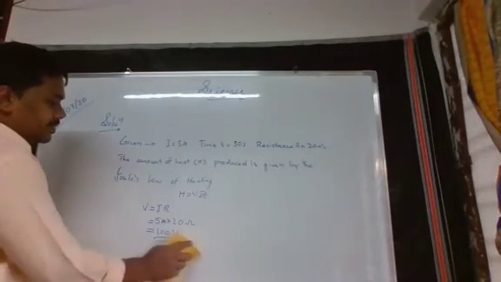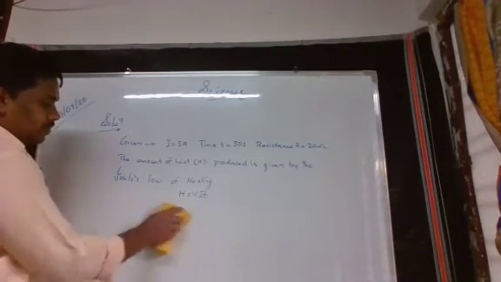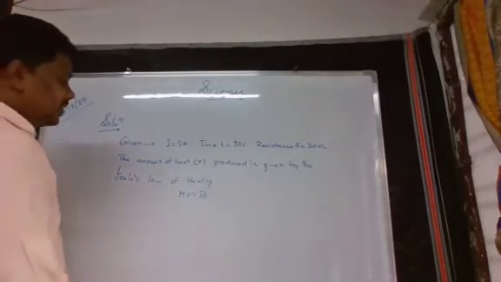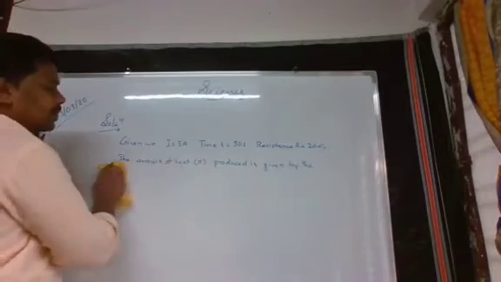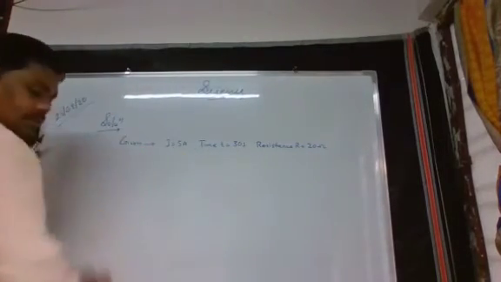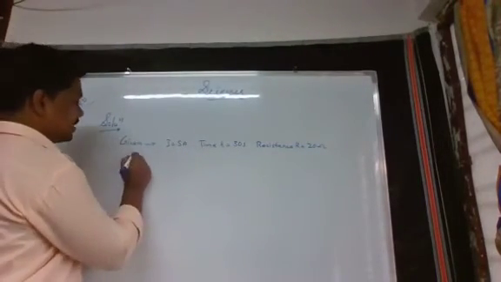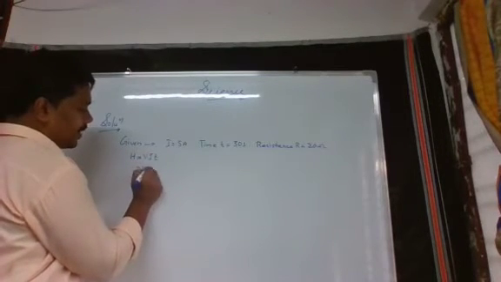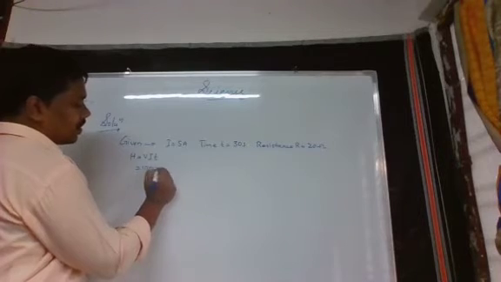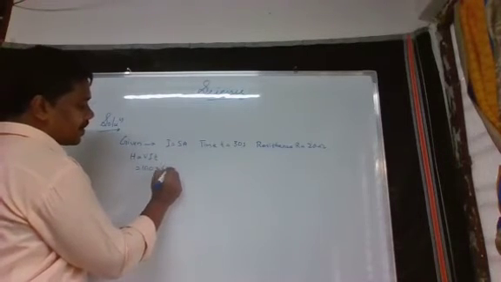So, we are having the equation for heat H is equal to VIT. What is V? 100. I is 5 ampere and time 30 seconds.